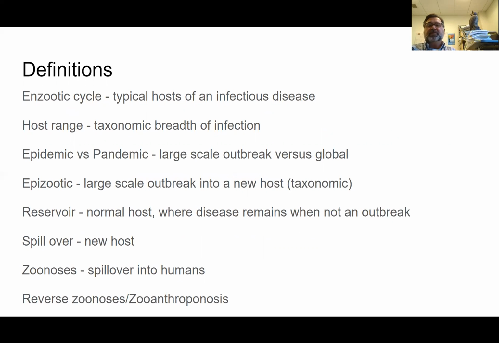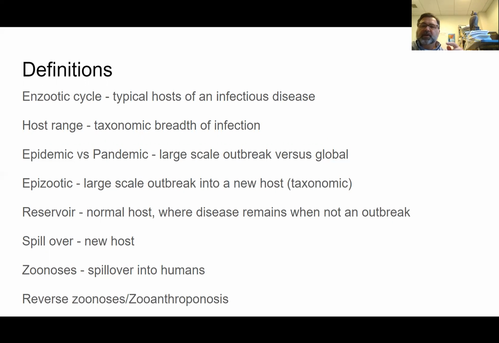There's an enzootic cycle. So that would be for infectious diseases. It could be simple in that there could be a single host. And so like the common cold in humans, it just goes person to person. If we're talking about something slightly more complicated, for example, West Nile virus, that is mosquitoes and birds.